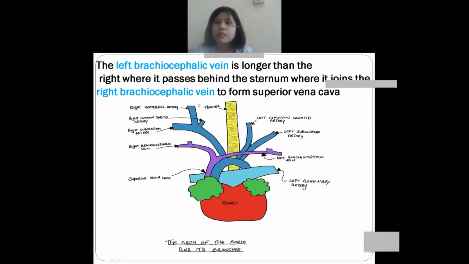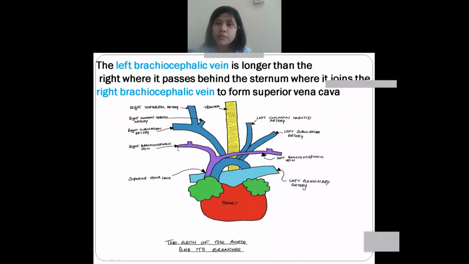Okay, next is the left brachiocephalic vein. This is the left brachiocephalic vein. This is the heart. The left brachiocephalic vein is longer; from the picture itself you can see it. This is the left brachiocephalic vein, and this is the right.